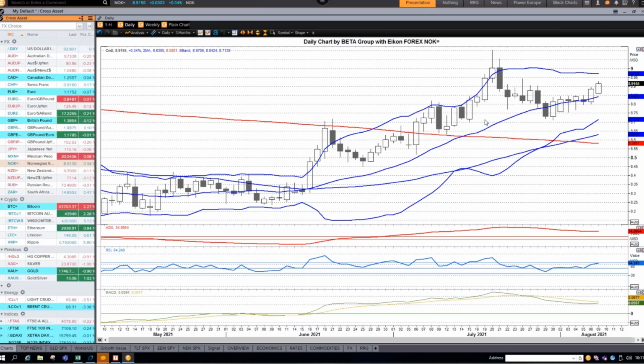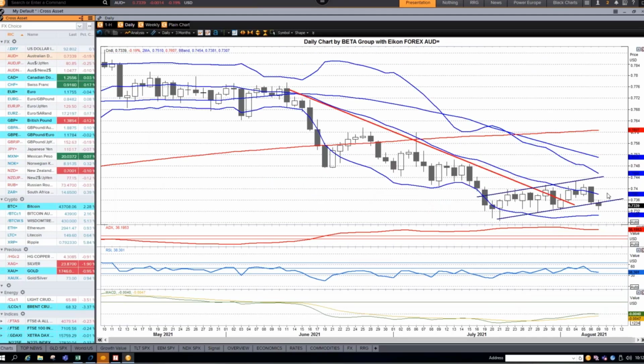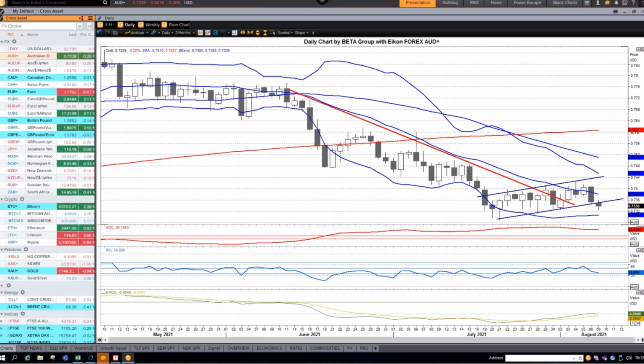I think it is weak of the week, but as far as the chart is concerned, I would head for the Australian dollar to try and capitalize on this best. And so here we've got this one. Now this one here is not rising very strongly at all. It's in a channel. The channel is threatening to break down, so that's a little bit of weak strength on the Australian dollar.